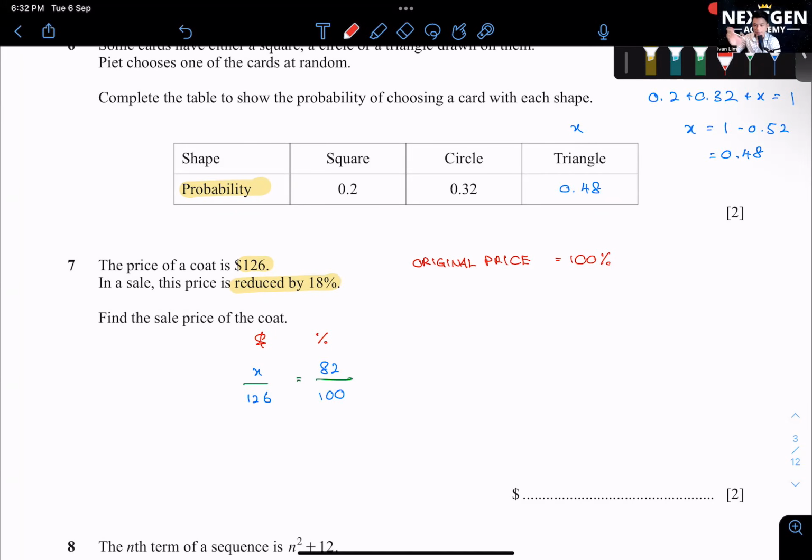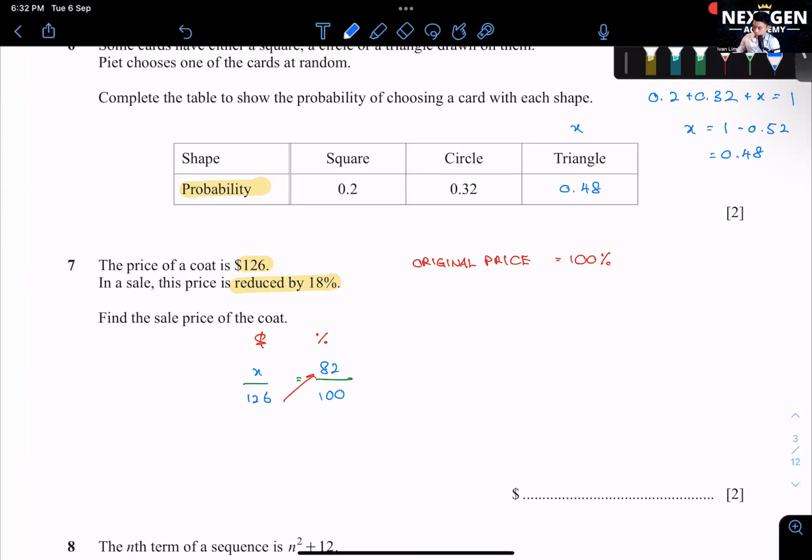Because I see many students are not sure which one, whether to multiply, whether to plus, whether to minus. Always remember this fact: original price will be equal to 100%. So $126 will be 100%. I want to find right now after it has been reduced by 18%. So now it's 82%. This one is your basic algebra.